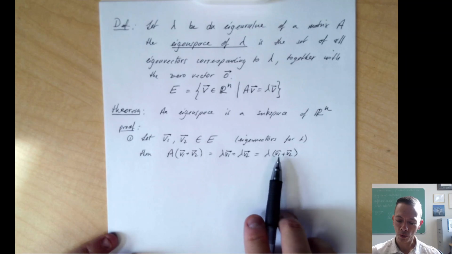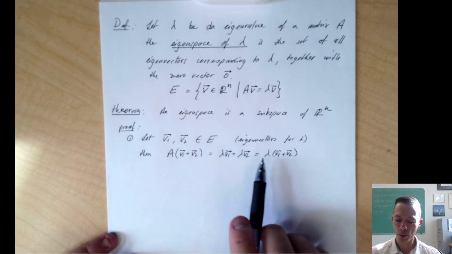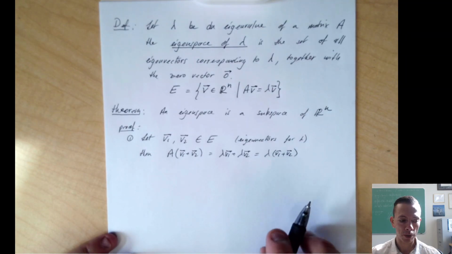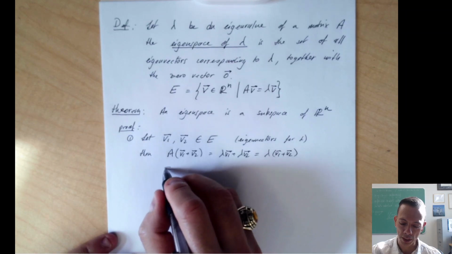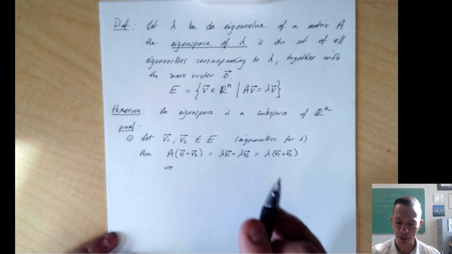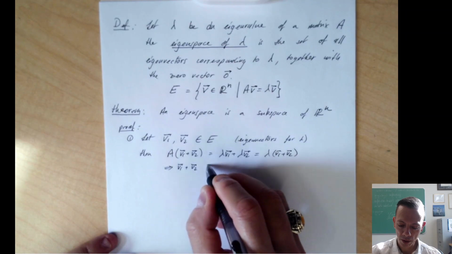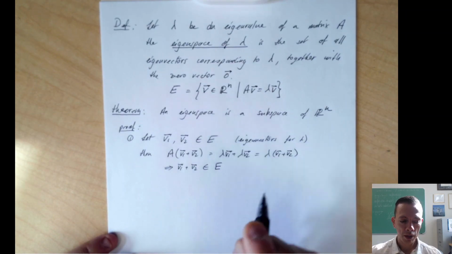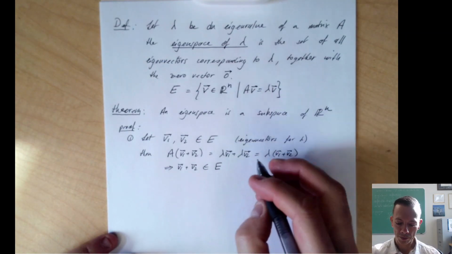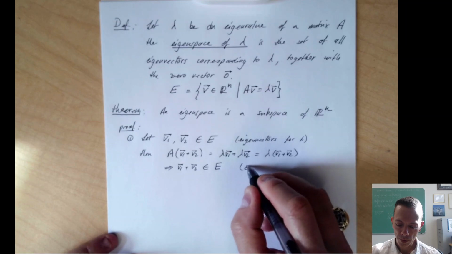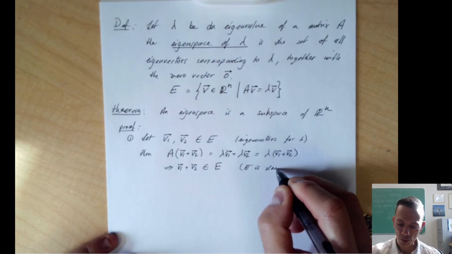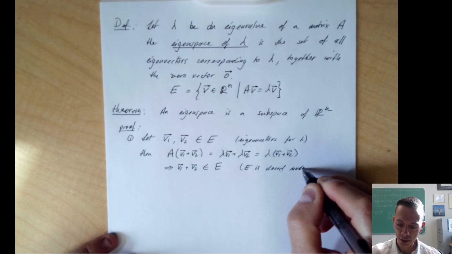So we have proved that A(v1 plus v2) equals lambda(v1 plus v2). In other words, v1 plus v2 is an eigenvector of A. And so it's in E. So we've just proved that E is closed under addition.